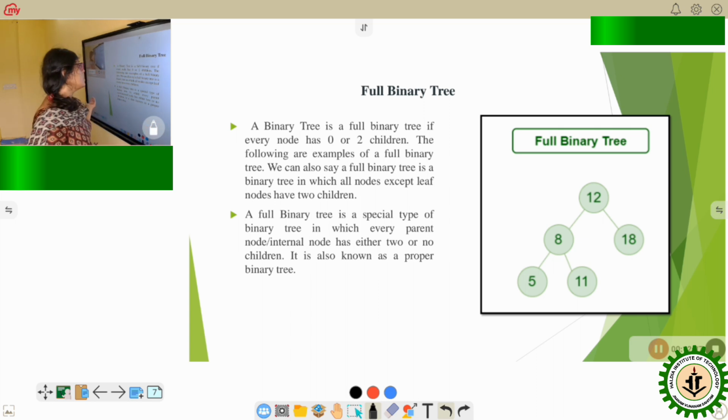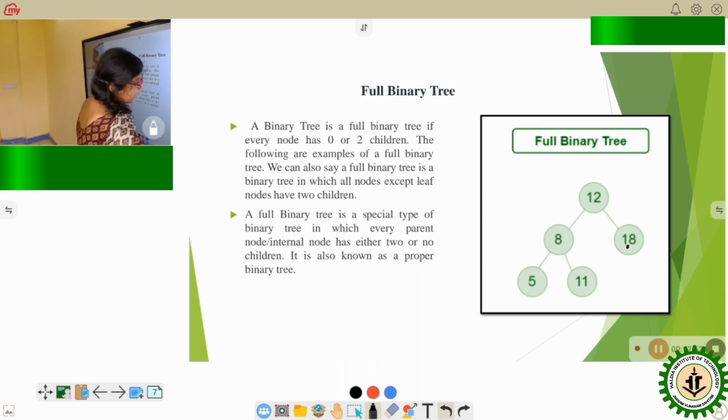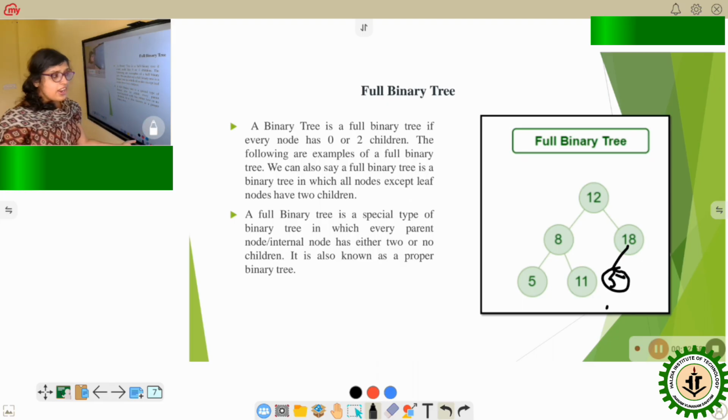See the definition. A binary tree is a full binary tree if every node has 0 or 2 children. So, this definition is satisfied according to this diagram. If 18 has one child, suppose 18 is having a child called 5, now, is this a full binary tree?